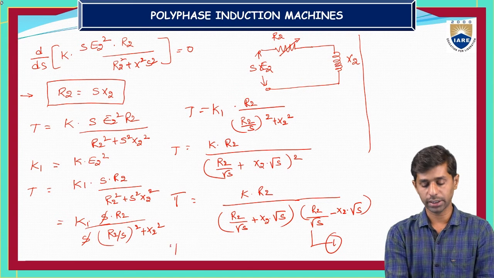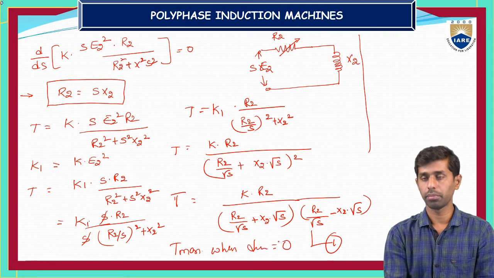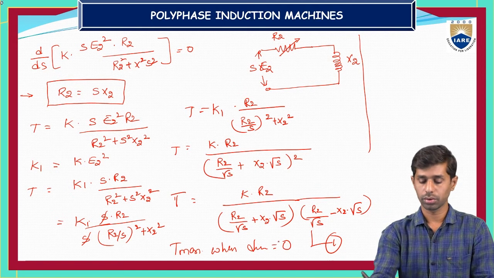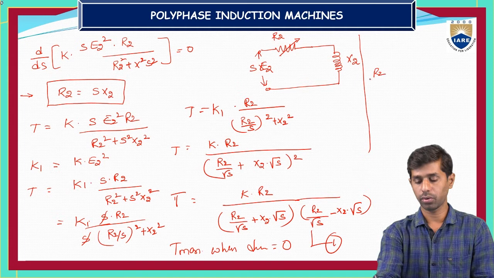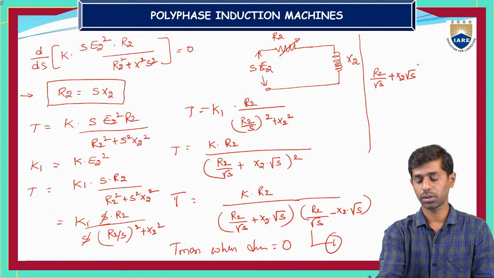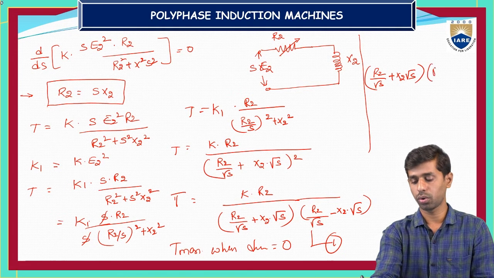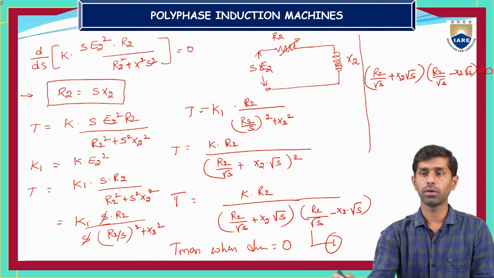T becomes T maximum when the denominator of equation 1 equals 0. So R2 by square root S plus X2 times square root S into R2 by square root S minus X2 square root S equals 0.